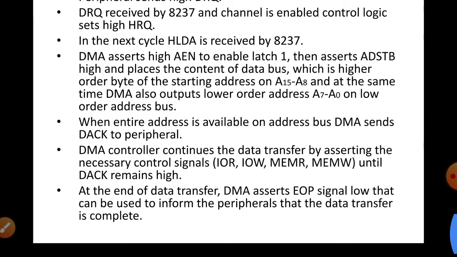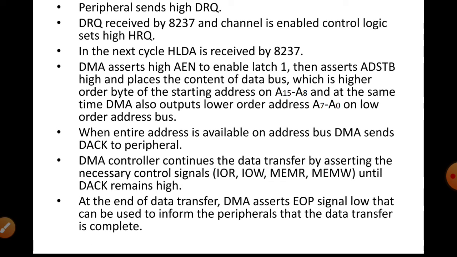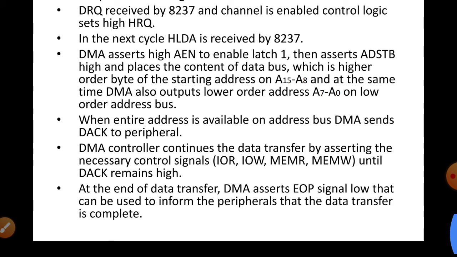When the entire address is now available on the address bus, DMA sends the DAC signal to the peripheral. DAC means once the addresses are available on the address bus. The device who requested the 8237 to start functioning is then sent the acknowledge signal and told to start the operation.